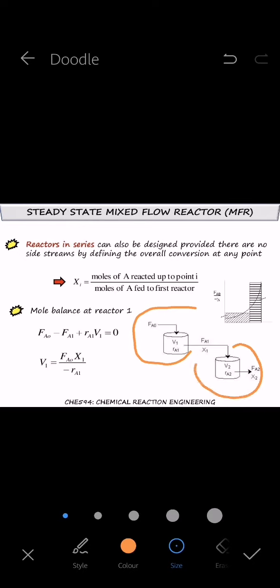So you have to perform the mole balance first at the first reactor.